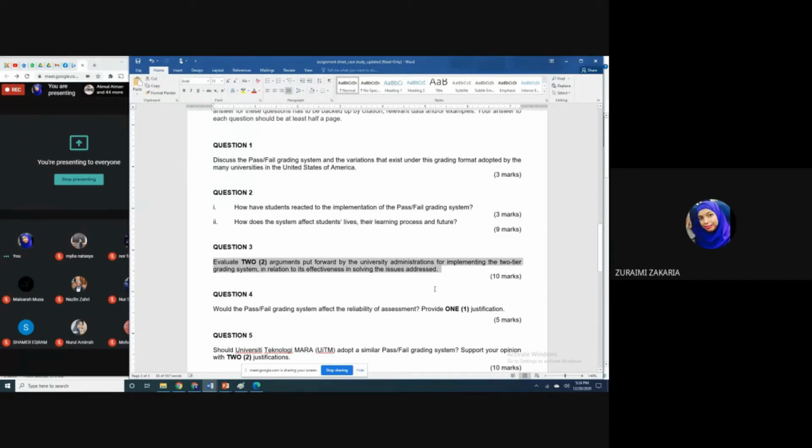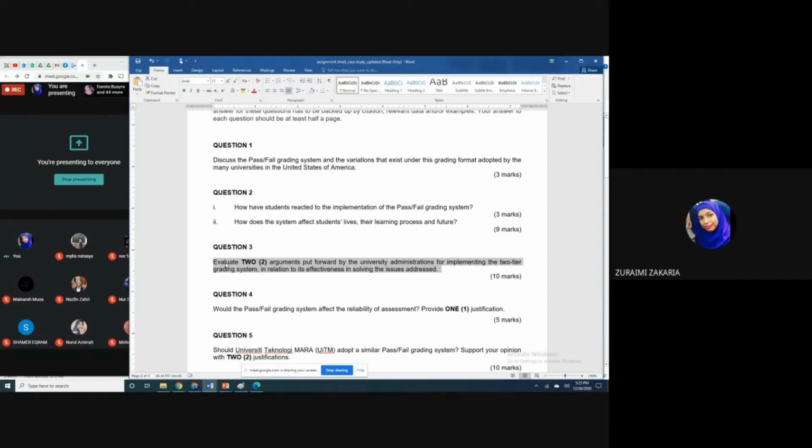Evaluate 2 arguments put forward by the university administrations for implementing the 2-tier grading system in relation to its effectiveness in solving the issues addressed. Dia memanglah macam panjang, yang penting faham soalan. So, not many people are happy with the 2-tier grading systems, especially students.